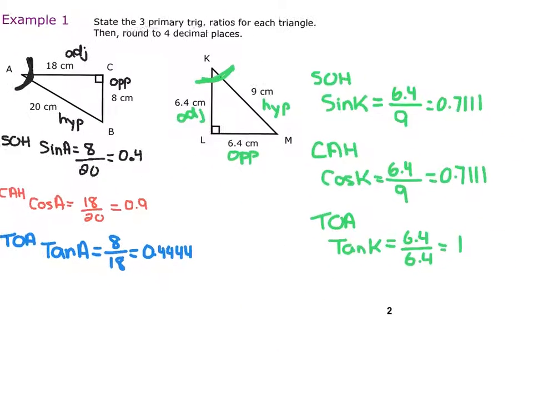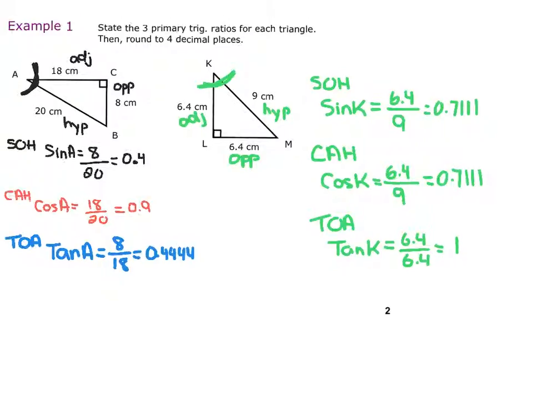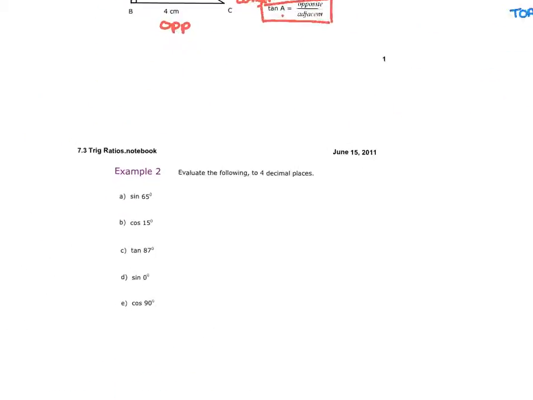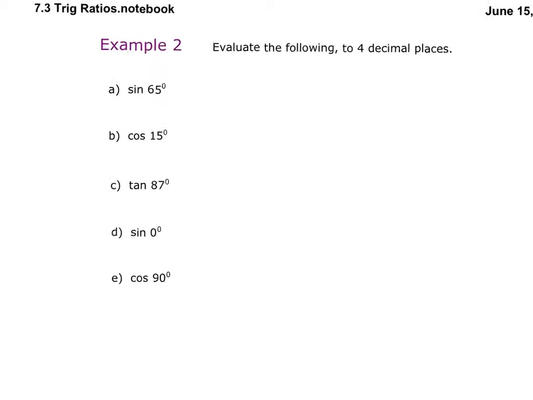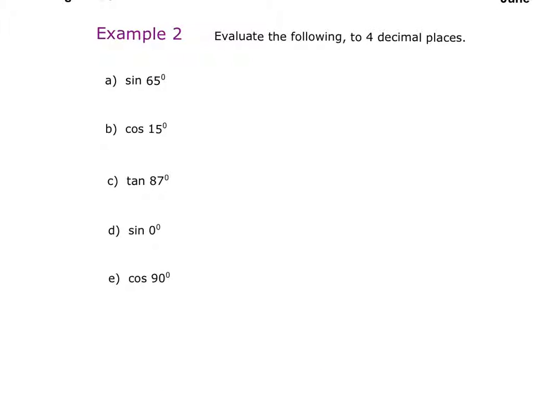So sometimes you're going to be asked to find the trig ratio. Okay. And other times, you're going to just be evaluating the following. So this is just pure calculator use. So you are literally just going to plug this into the calculator. Okay? So you will press sine, if you have a good calculator.